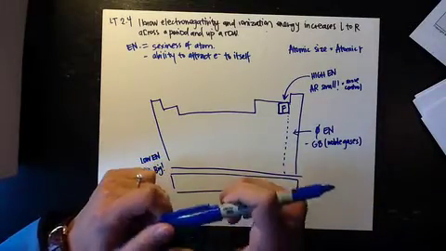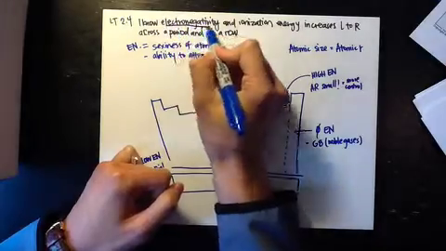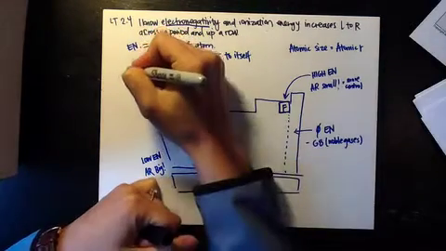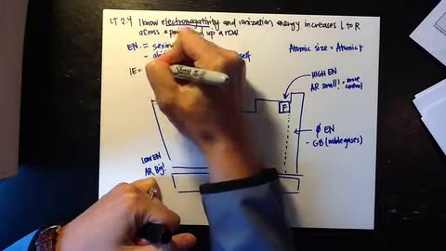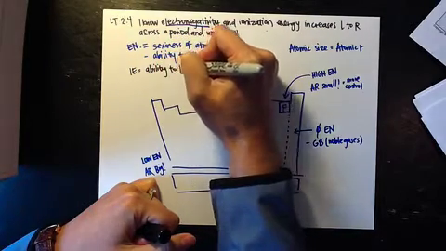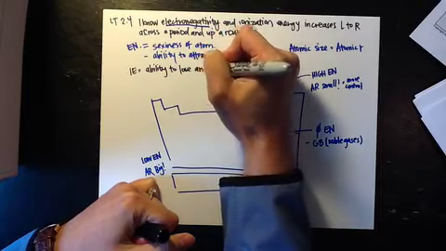The other part of this, along with electronegativity, is ionization energy. Ionization energy is the same trend. It's the ability to lose an electron.